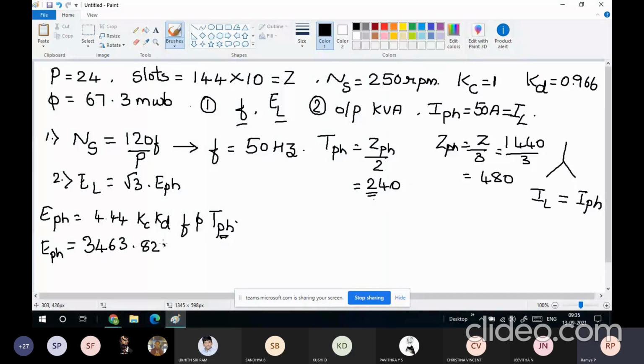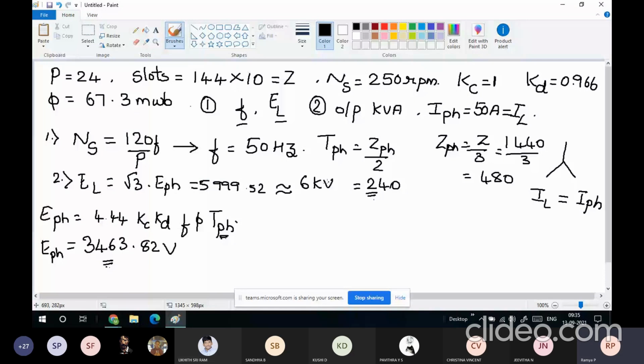Now you have got this E phase. Now calculate EL, root 3 times E phase. You will be getting something around 5999.52, or approximately 6 kilovolts. So this is my line voltage.